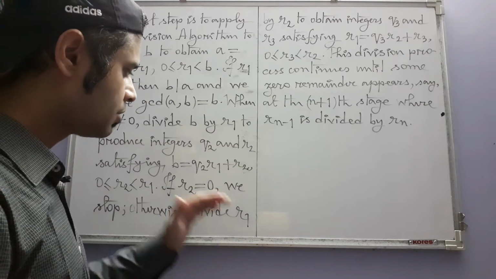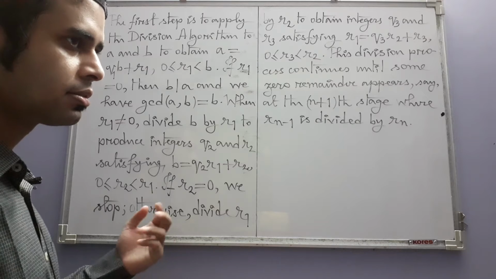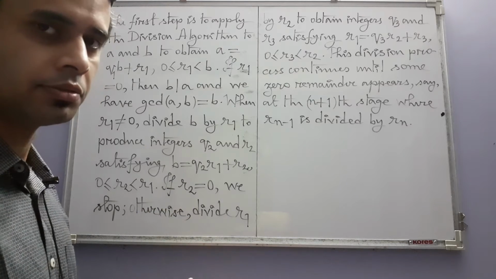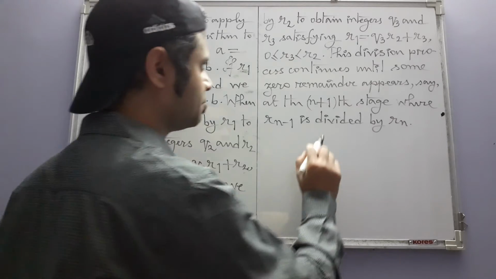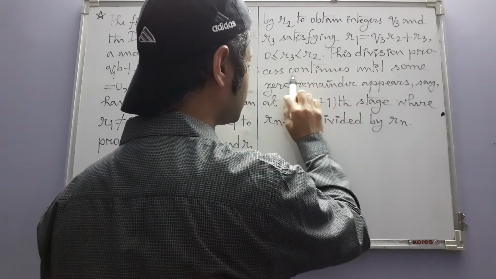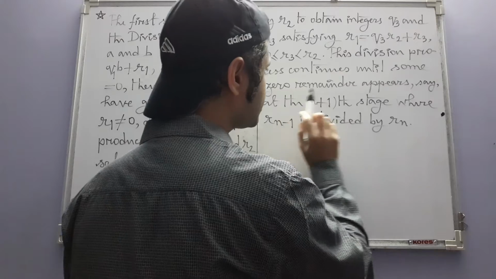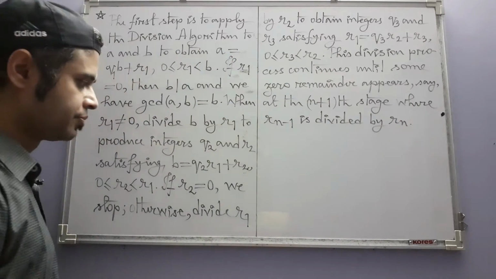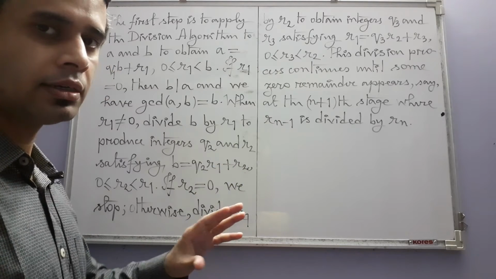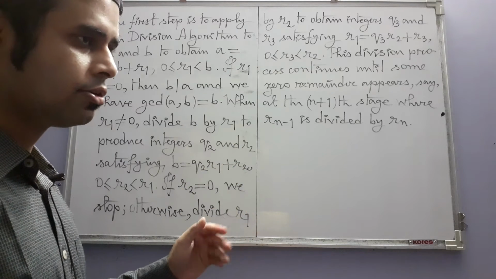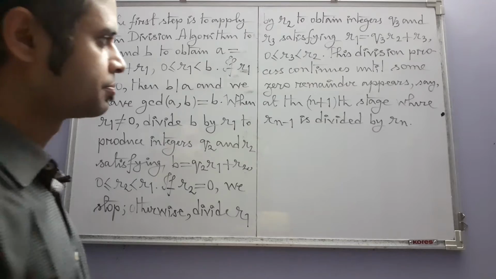Now the question is, if this process keeps on going, will it ever end? It will end, but before that, let us see. This division process continues until some zero remainder appears. So our doubt is, what happens if a zero remainder never appears?